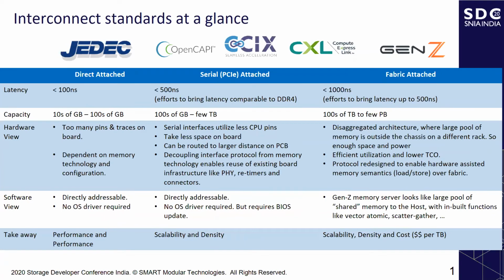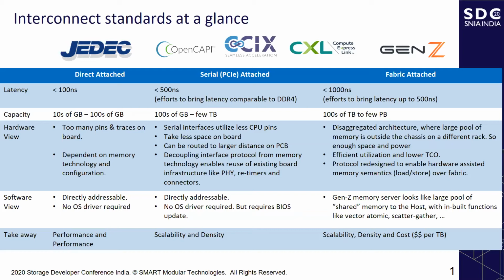Let's look at some of these comparisons of direct attached, serial attached, and fabric attached. As we spoke earlier, direct attached has latencies in hundreds of nanoseconds. The serial attached has somewhere around 500 nanoseconds, and efforts are going on to reduce it and bring it down to similar as direct attached.